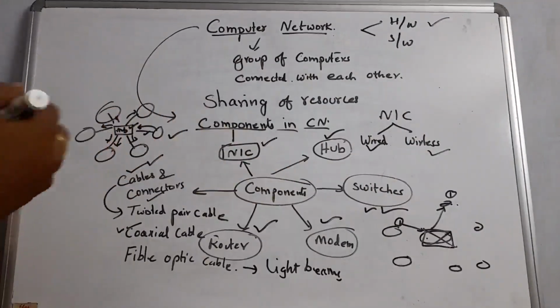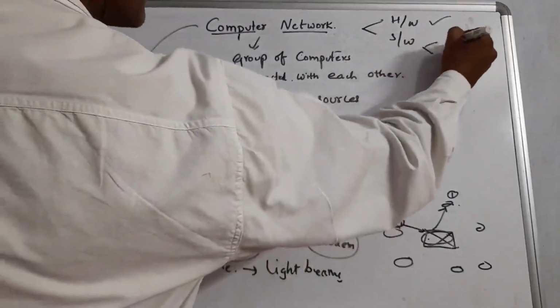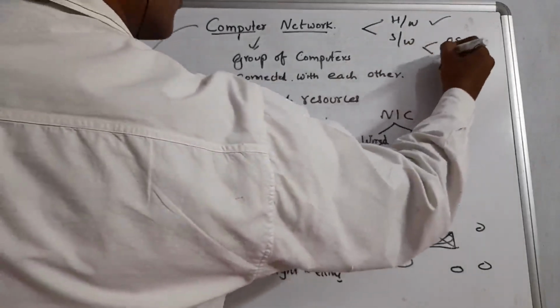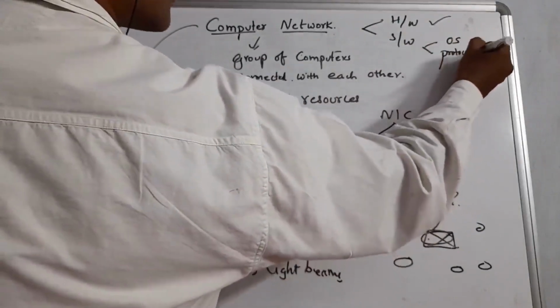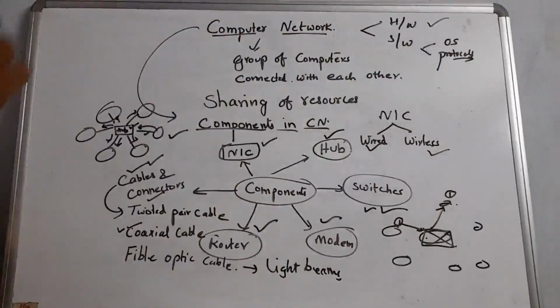But coming to software components, it consists of two things. One is the operating system, the other one is what we call the protocols. We have discussed in the previous section what a protocol is, right? It consists of a set of rules that governs the transmission of the data.